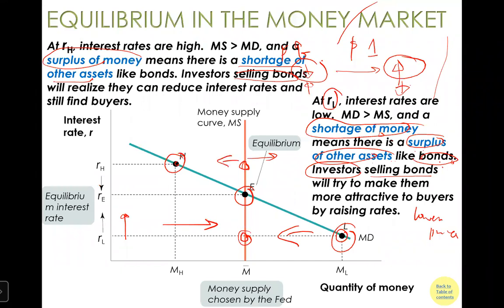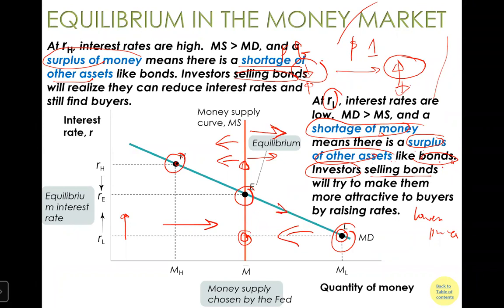So if the Fed purchases bonds, they are going to increase money supply. If the Fed sells bonds, they are going to decrease money supply. So if the Fed purchases bonds, increased money supply will decrease the interest rate.